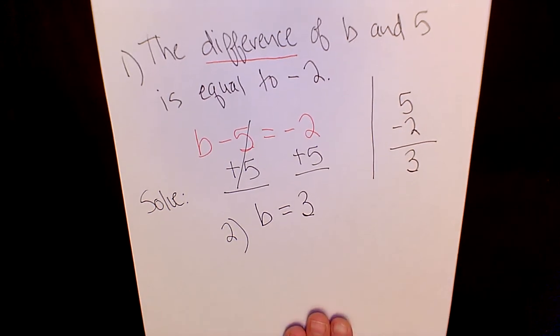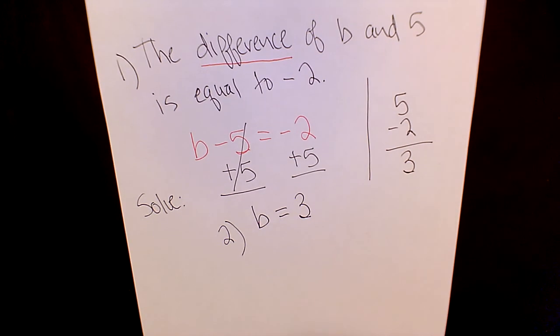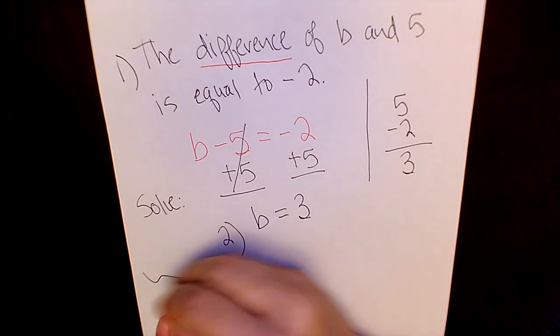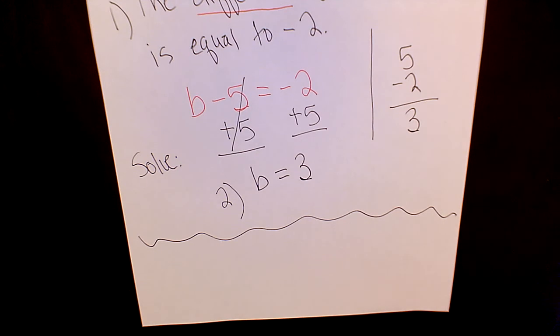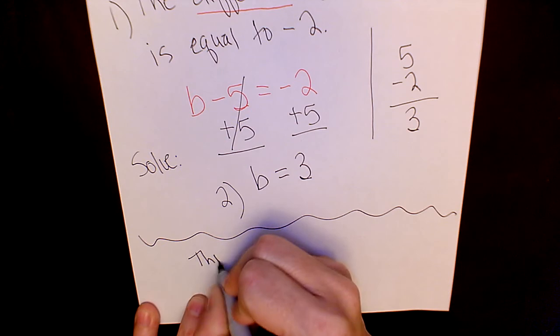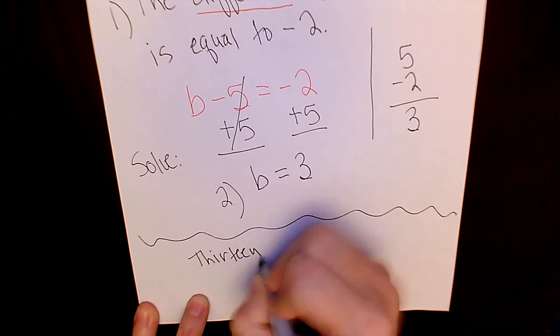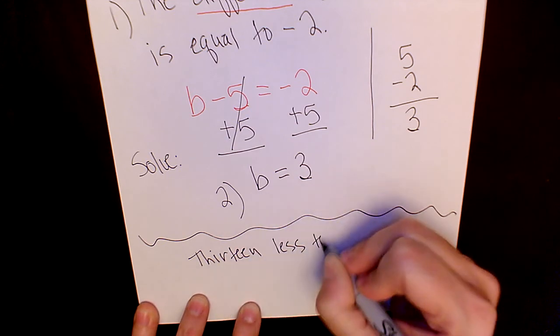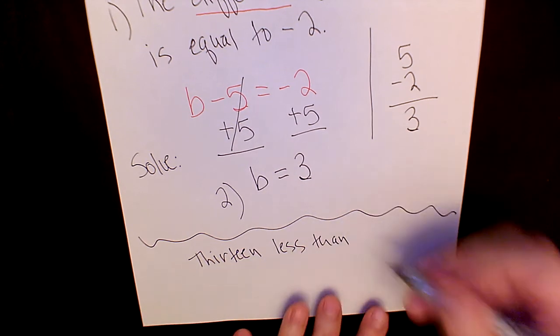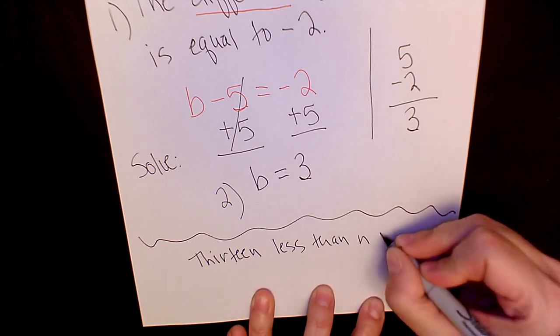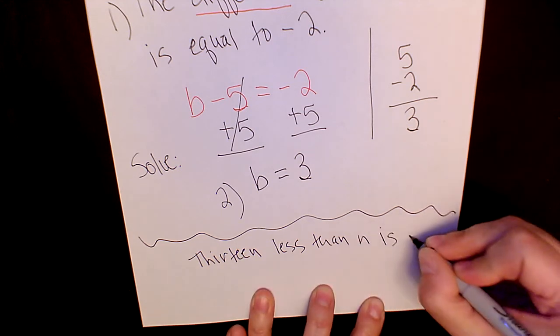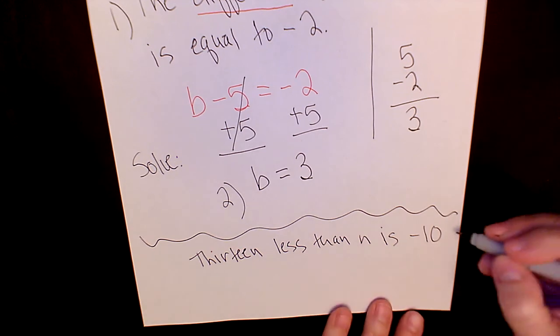Okay, so that's the first one. And again, we're going to translate to a math equation and solve. So, let's see, 13 less than n is -10.